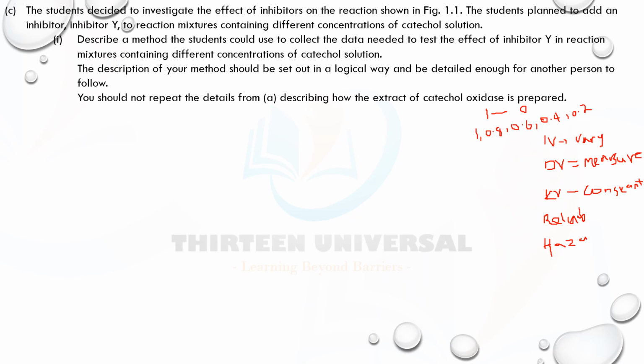Okay, so all of this, you go on and write. You just describe it. All right, same concentration like they said. First of all, you extract the enzyme catechol oxidase, put it in cold condition, and then of course take the same volume of the enzyme, put it in different test tubes, and then take the same volume of the substrate catechol into test tubes, and then equilibrate the temperature of both the enzyme and the substrate.